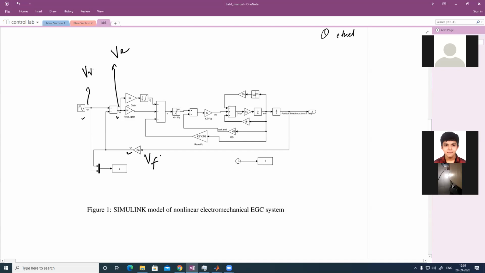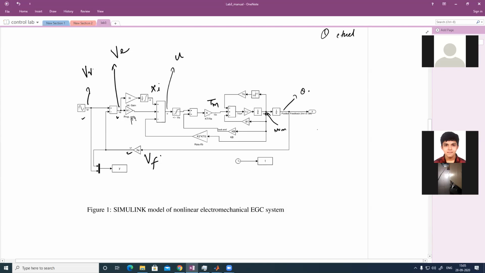The integrator output is taken as X of I, and this is a PI controller. The control output, a voltage signal to the system, is taken as U. This is rate feedback, and multiplying by KT by RI gives you TM, the motor torque.